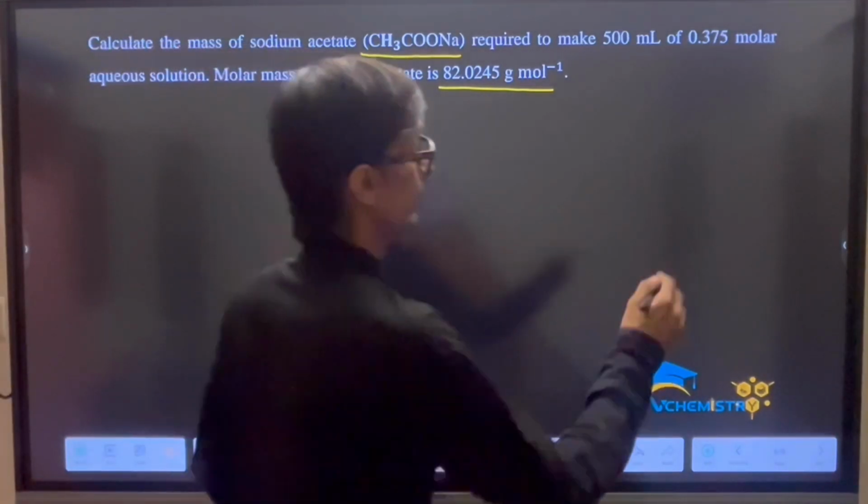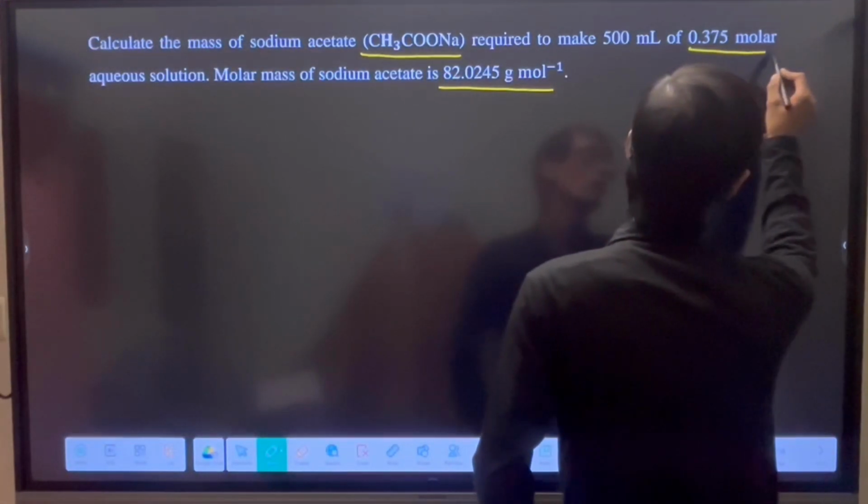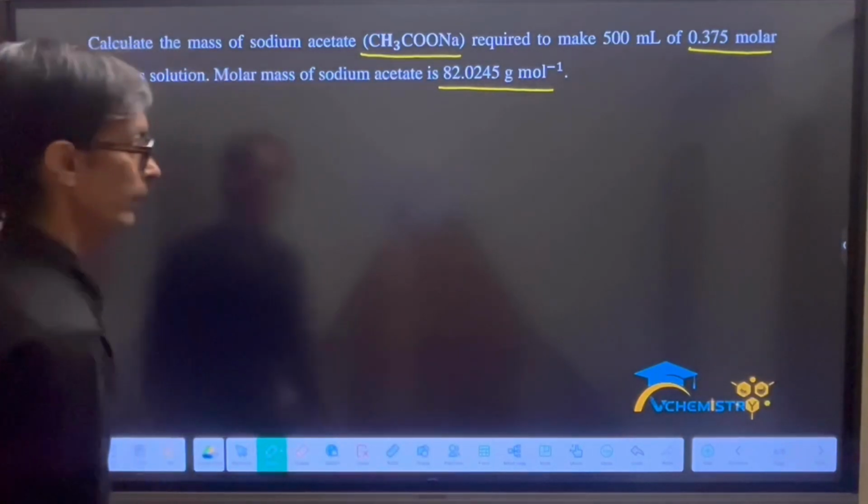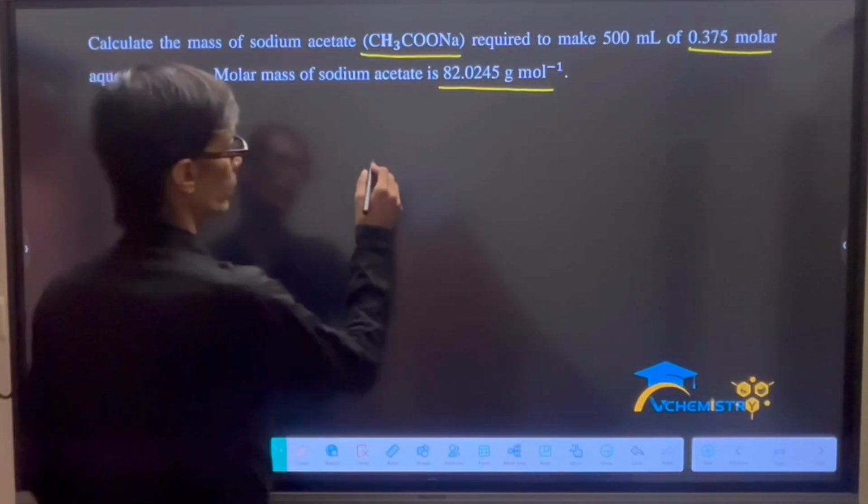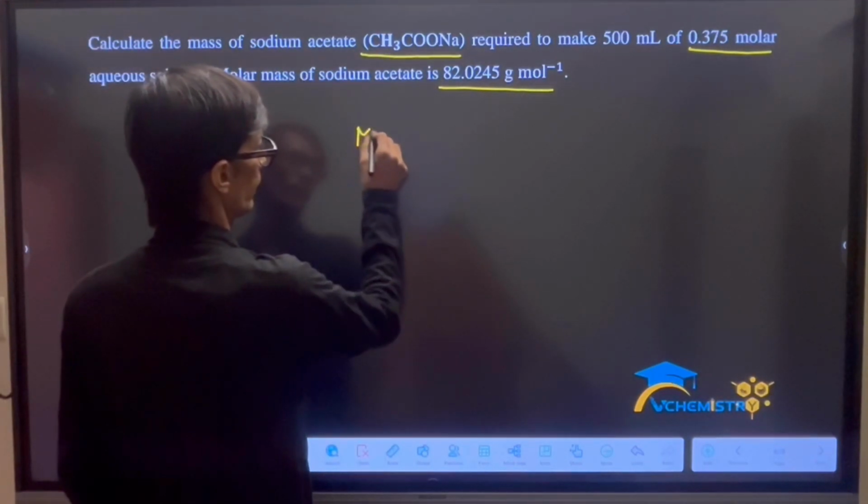But see here, molarity is given. First of all, write down the formula of molarity.